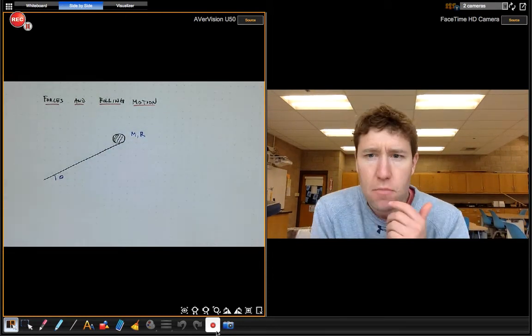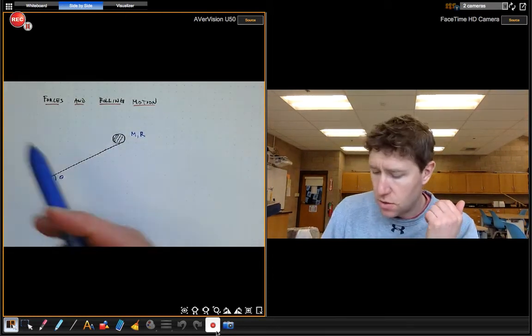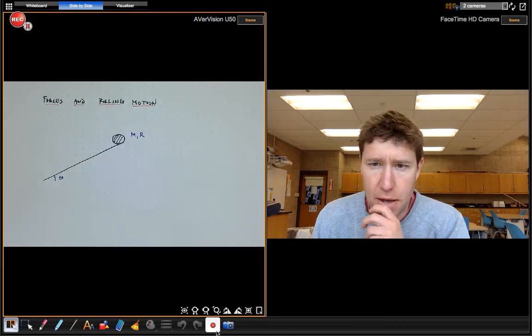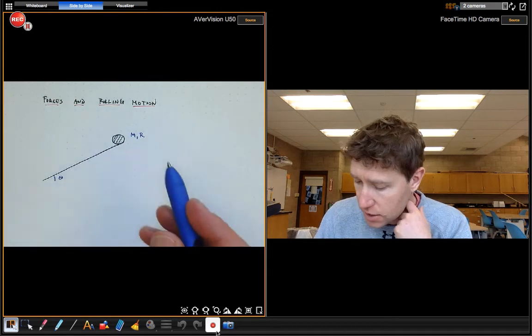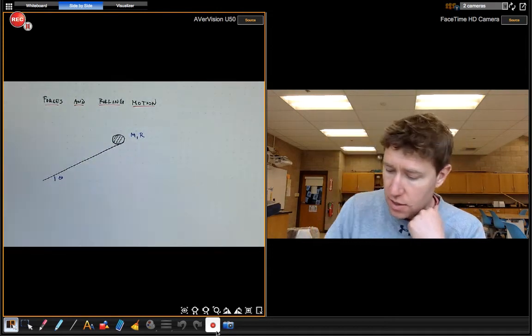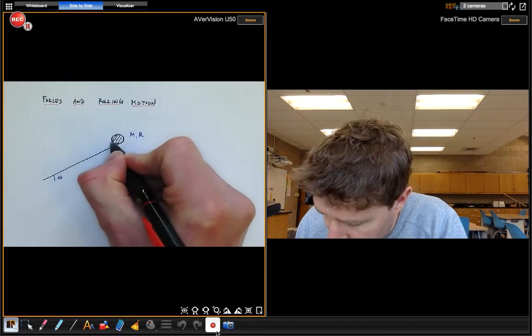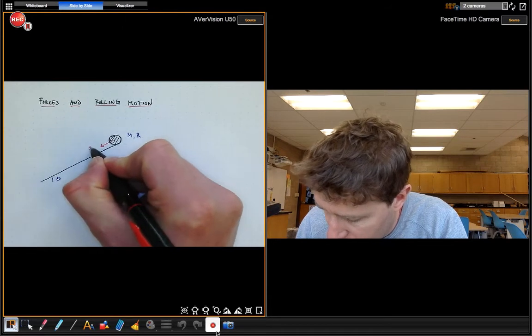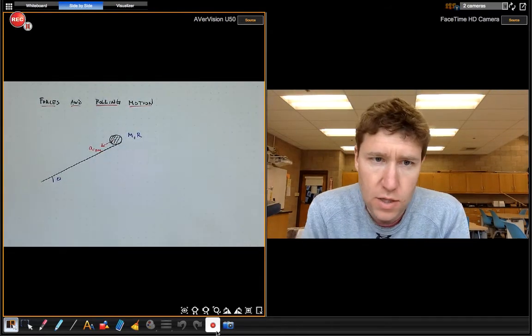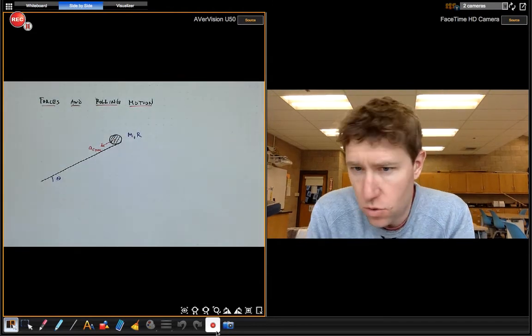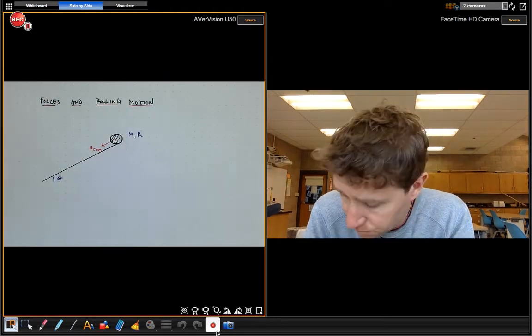Now, rather than wanting to know the speed at the bottom, I might want to know the linear acceleration. What is going to be the linear acceleration a of this disk as it rolls down that ramp, and we're assuming smooth rolling motion.